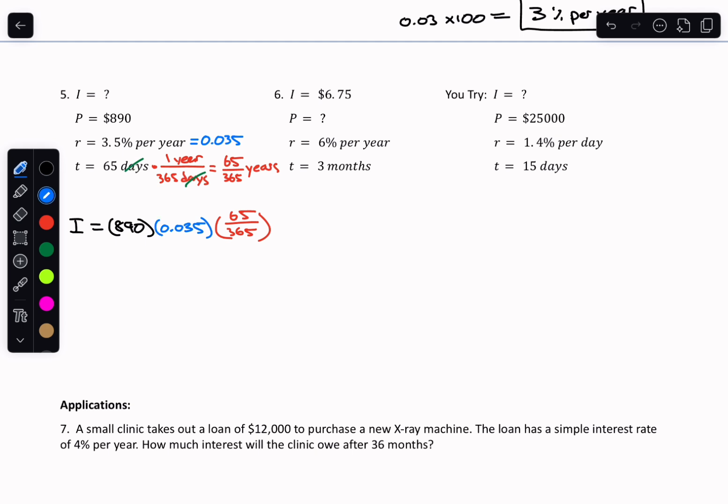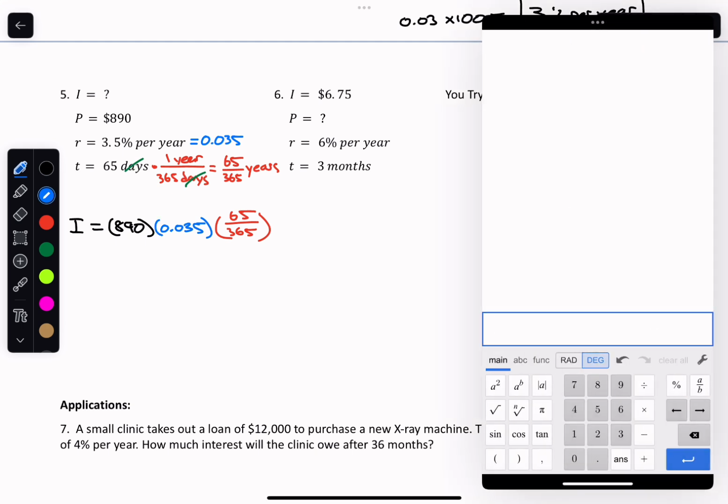All right, so now we just need to go ahead and multiply this out. So we have 890 multiplied by 0.035 multiplied by 65 over 365.